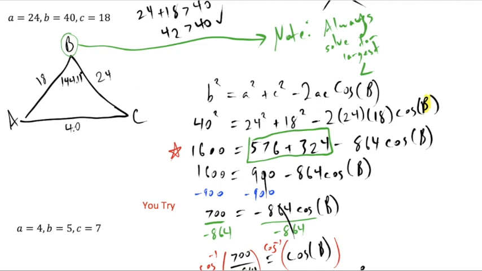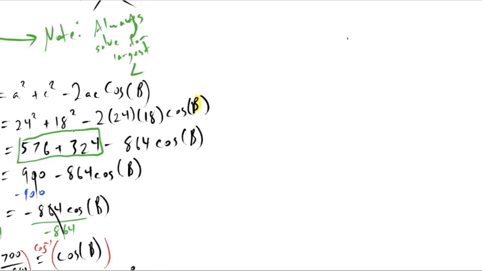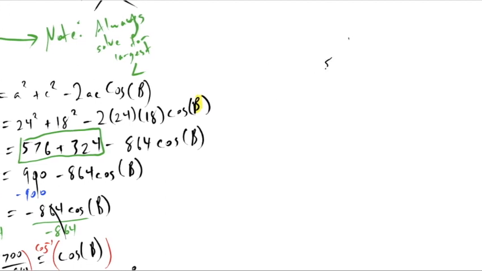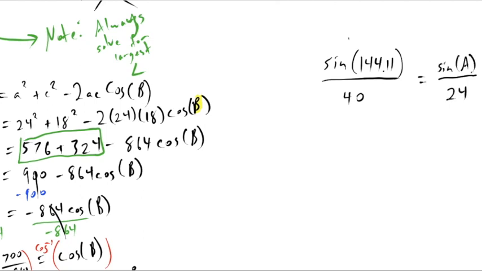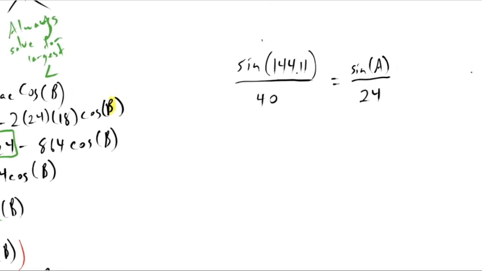I'm going to solve for angle A. Since I'm solving for angles, I'm going to put the sine of that 144.11 in my numerator, and the 40 is in the denominator. And since I'm solving for A, A's side was 24 and the sine of A. The reason why I'm flipping the law of sine is so I don't have to do more work later on. I actually can do fewer steps because of this.